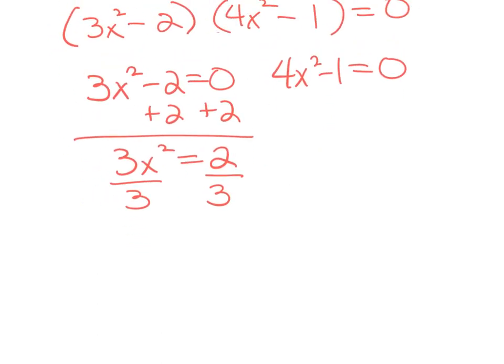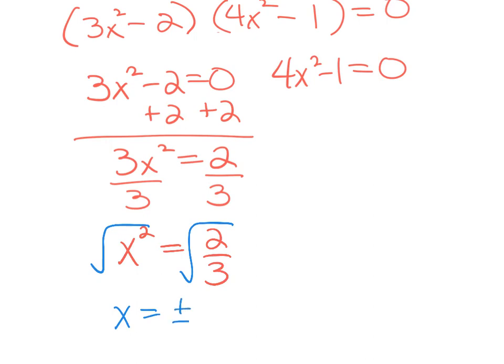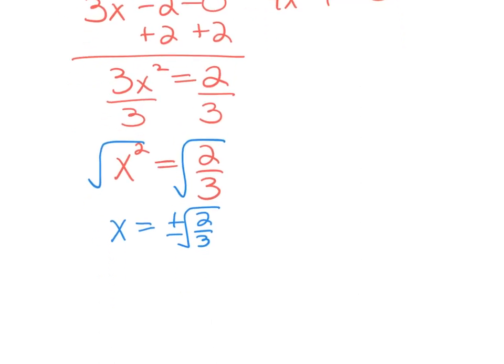And now I get x squared is equal to 2/3. I need to solve for just x. So I square root both sides. And I get x equals plus and minus the square root of 2/3. Now, remember, I can pull this apart, give each one its own little radical.